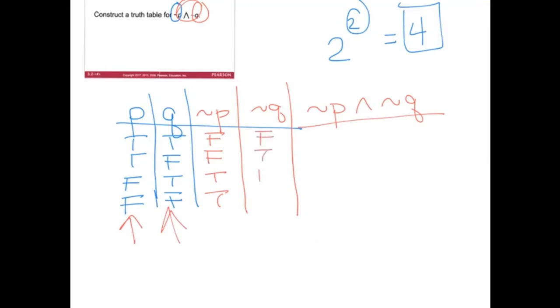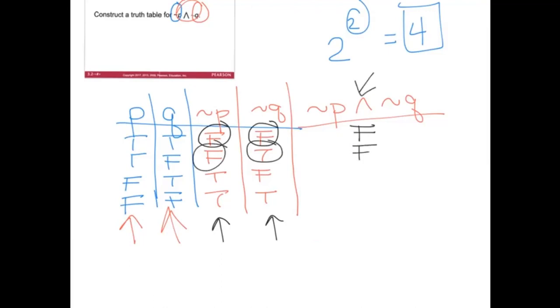False, true, false, true. And then to do the conjunction, I need to look at the not P and not Q. So we get a false and false. That's false. False and true. That's false. Because remember, conjunction is only true if both statements are true.